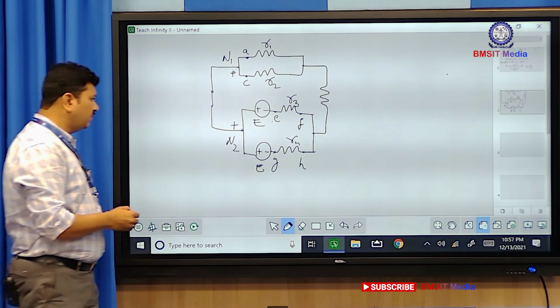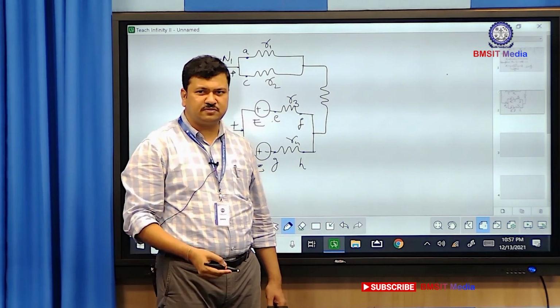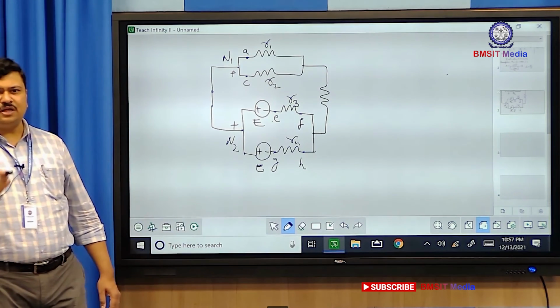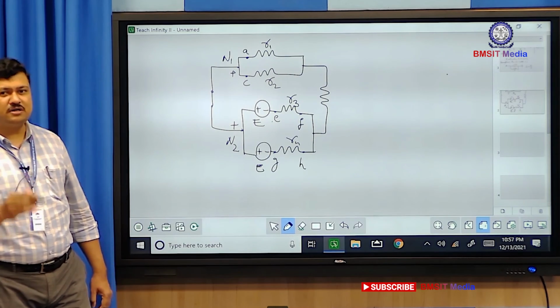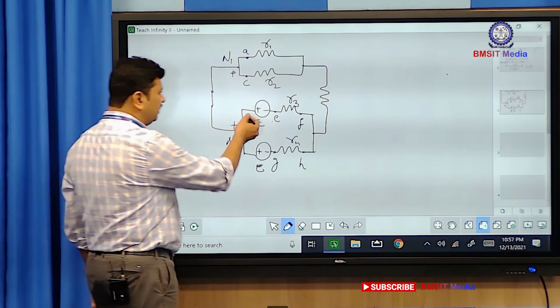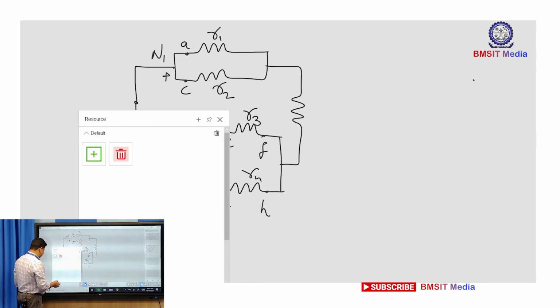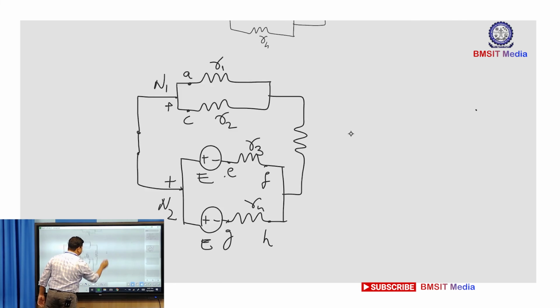So when I have shifted the voltage source, the node voltages should not change. The node voltage should not change means what? The potentials of the terminals of all the elements connected to any particular node should be unaltered. That care has to be taken when we shift the voltage source. When I observe the original circuit, see the direction.